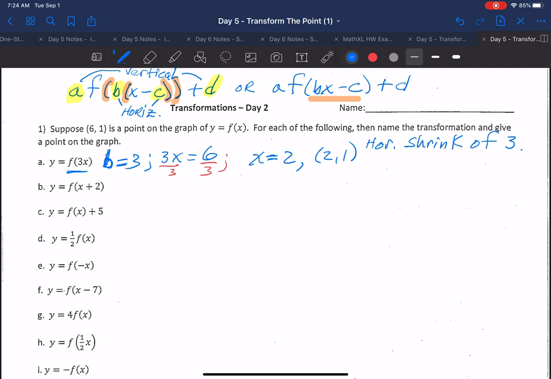So if you look at B, it's C. Now we have C equals 2. And I was saying the other day, think opposites when you have parentheses. So you want to look at that and say it's a horizontal translation 2 units to the left, okay?